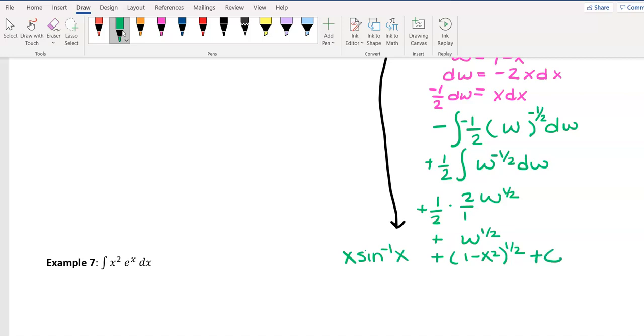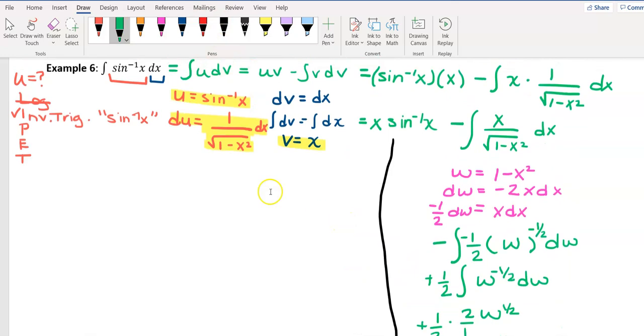Don't forget your constant, and I think we are good. Now you can leave that as a fraction exponent, or you can put it back into a square root. Whatever you prefer is fine with me. So that would be an example of one that does inverse trig. And this one did use a little bit of our prior technique for integration with u substitution, but we had a w instead. So that is an example of number 6.